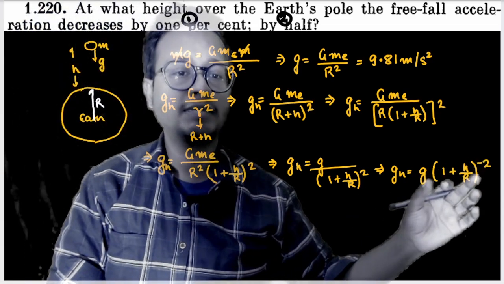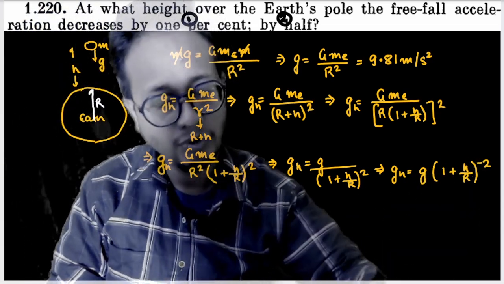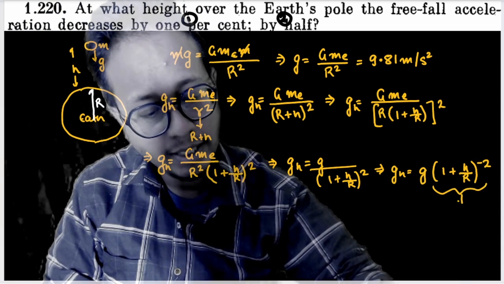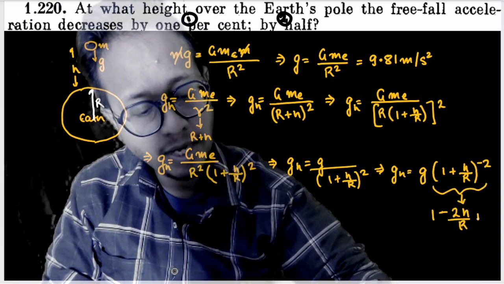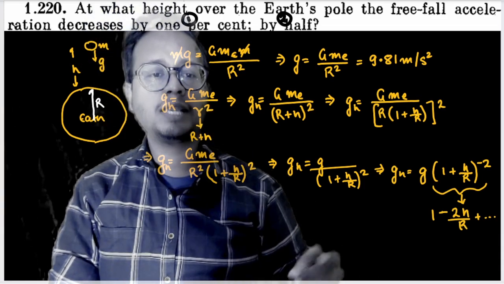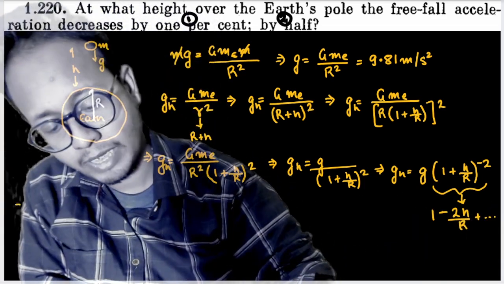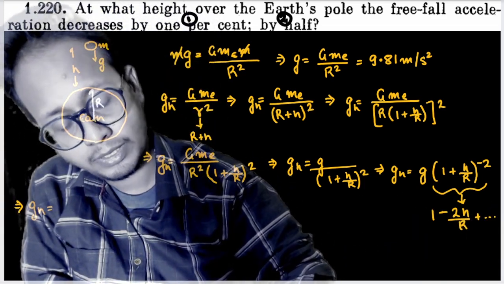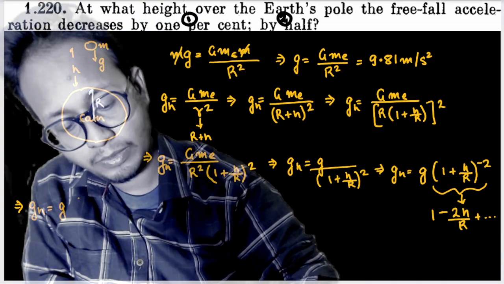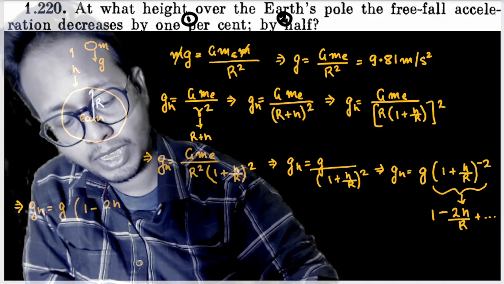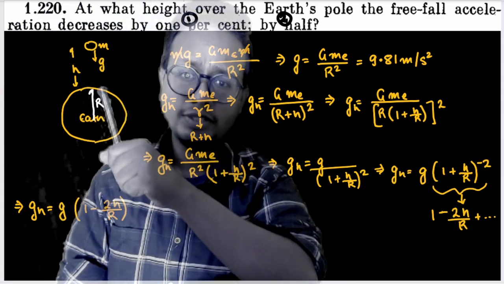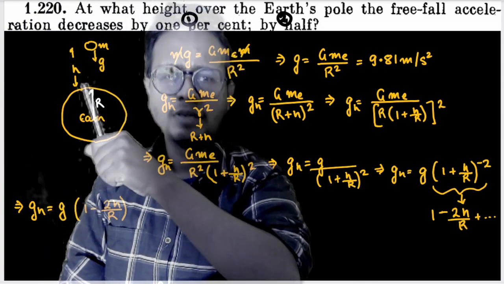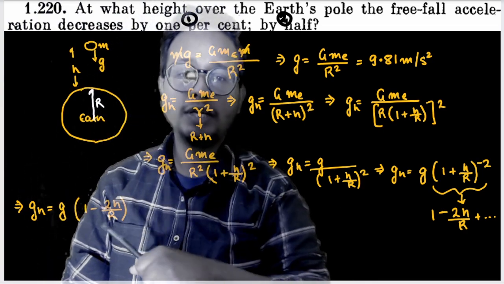If I expand this term, what do I get? I get something like 1 minus 2h by R plus some higher order terms, and we ignore the higher order terms. So gravity at height h is nothing but gravity at the surface into 1 minus 2h by R. At the surface, when height was 10, 20, 30, 40, 50 meters or 100 meters, you used to only take the first term.